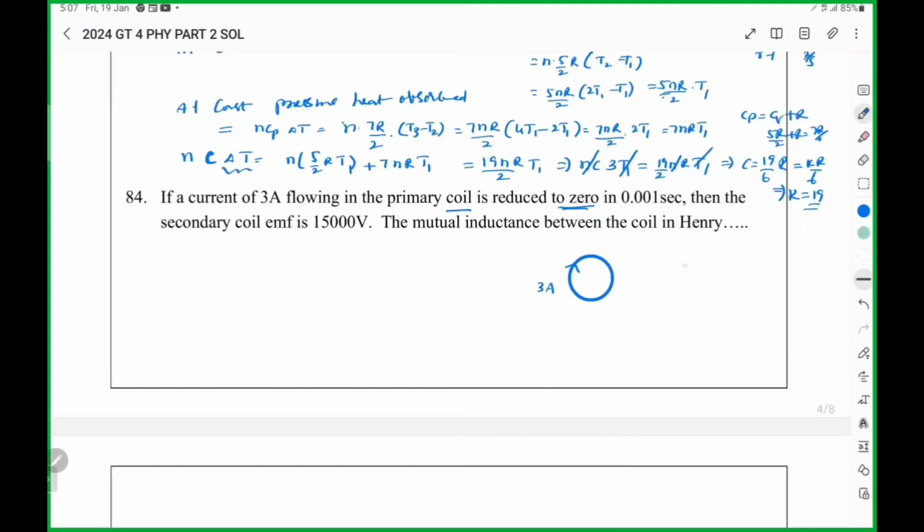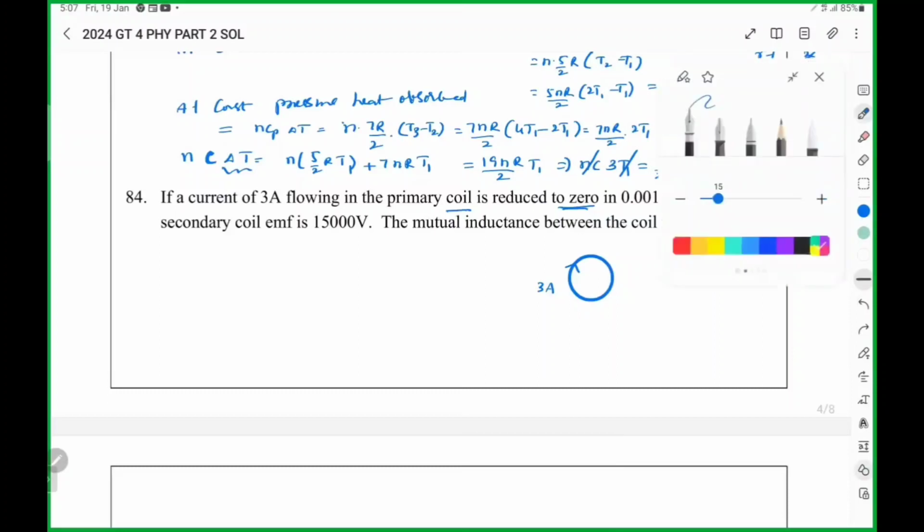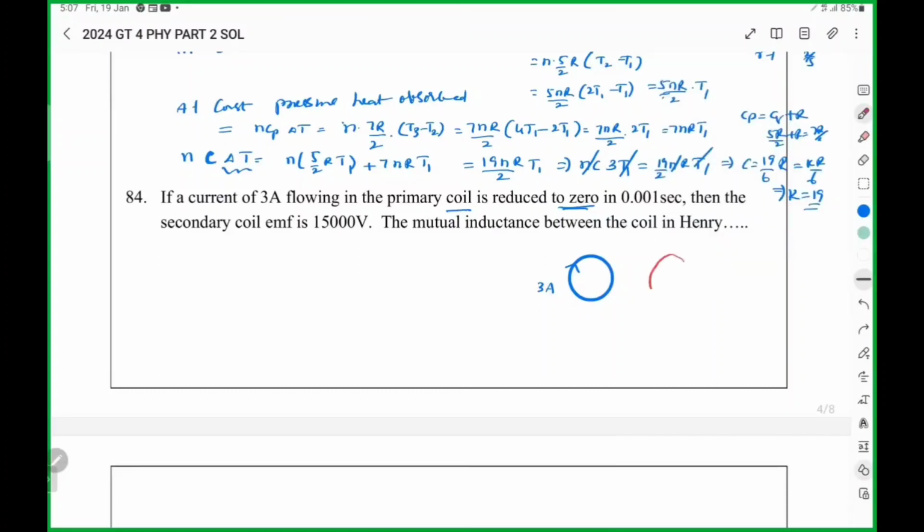Then the secondary coil EMF: once current flows through it, magnetic field lines will pass through it. If there is a change in current, there is a change in flux. So when a change occurs in the first coil, because of that there is a change in the magnetic flux in the second coil, which is called mutual inductance.